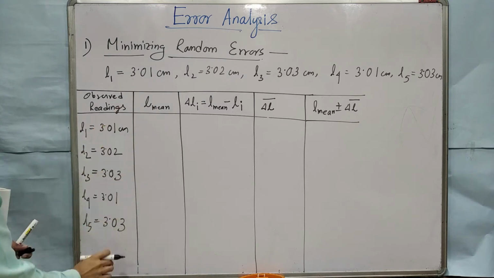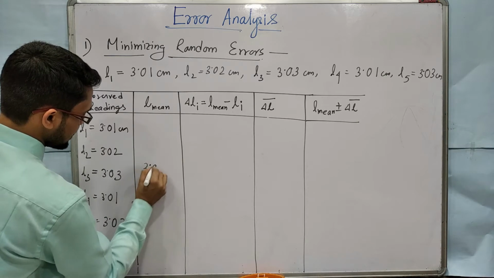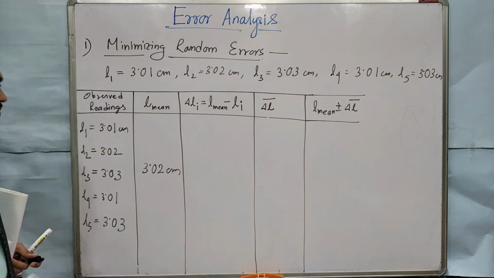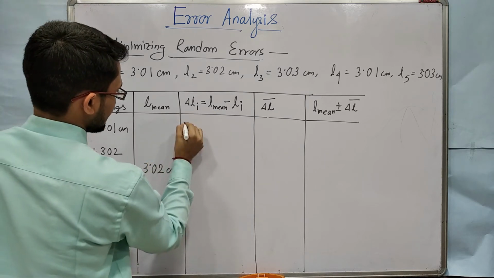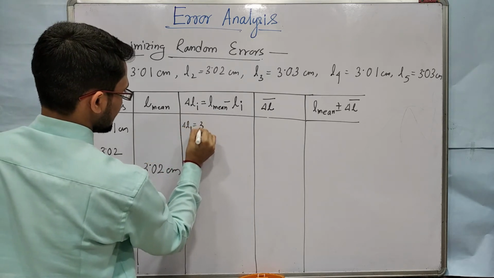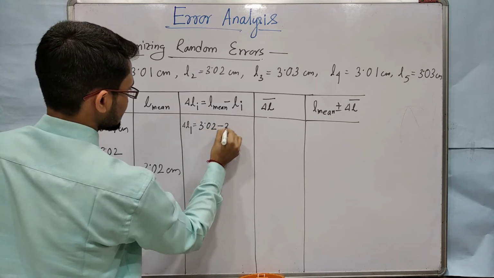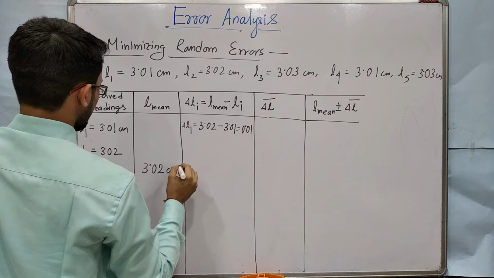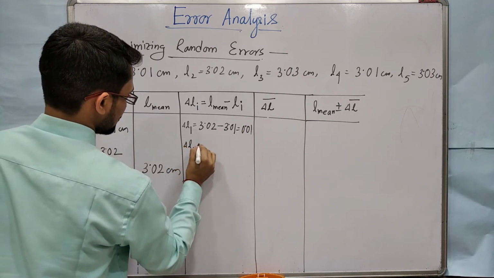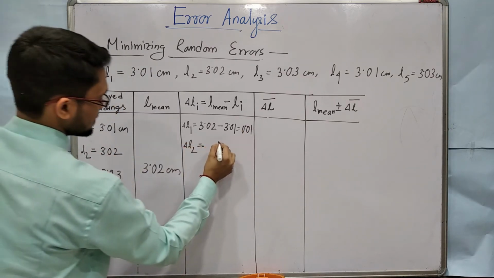Mean means add them and divide by 5. You will get 3.02 centimeter. Okay, then delta L1 equal to what? L mean minus 3.01, so you will get 0.01. Now delta L2, you will get this minus this, that means 0.